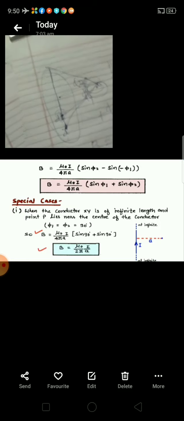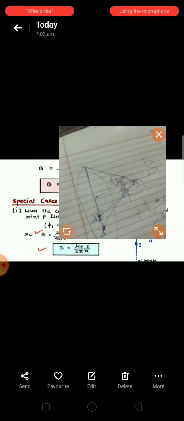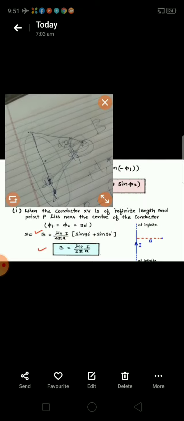Next, there are two special cases. If I take the point at the middle, at the center of the conductor, both angles, phi 1 and phi 2, are 90 degrees. Putting the values in the above equation, the magnetic field is mu naught I divided by 4 pi a times sin 90 plus sin 90, that is 1 plus 1, which is 2. The 2 cancels, so B is mu naught I divided by 2 pi a.